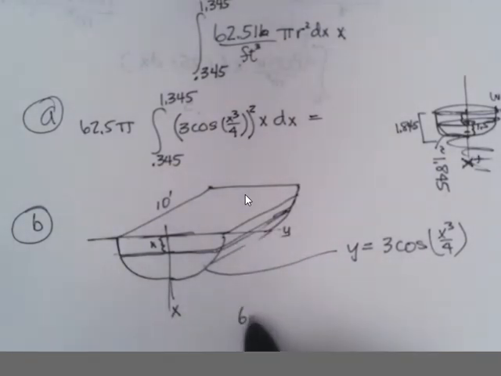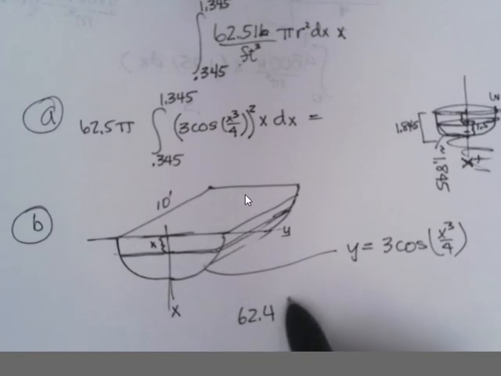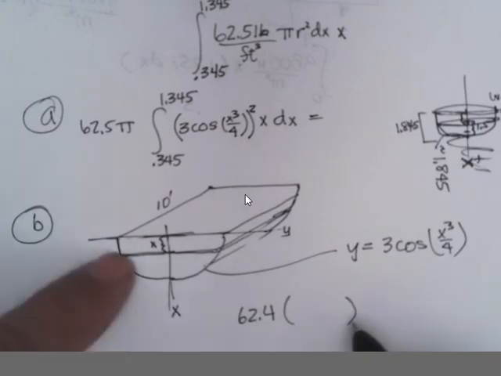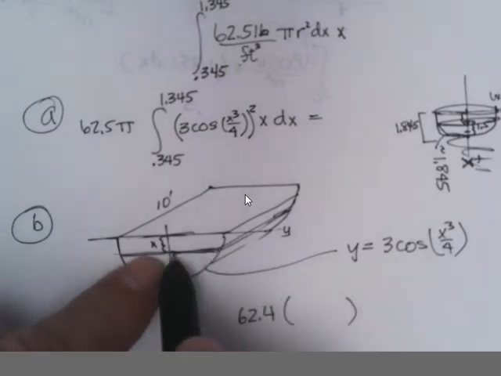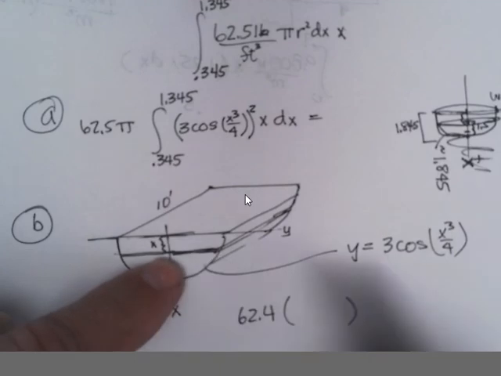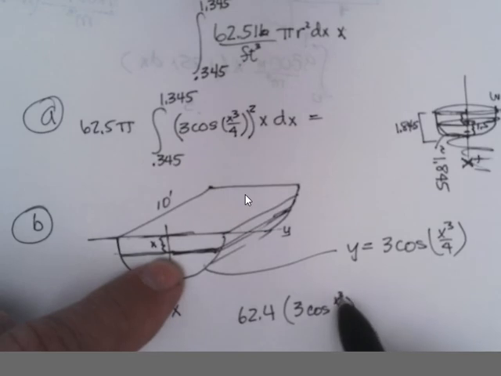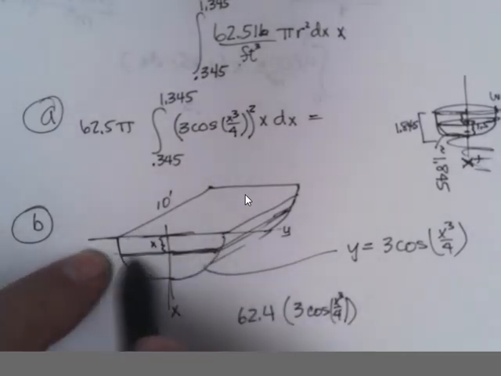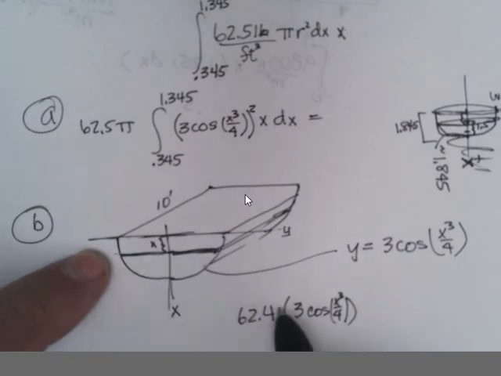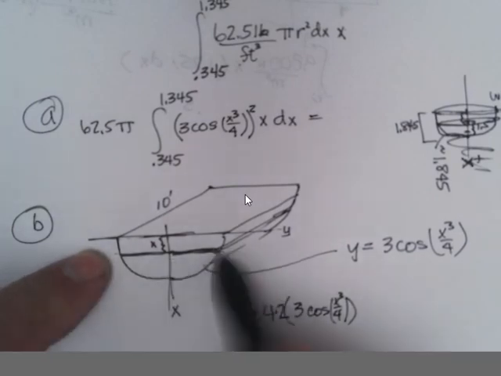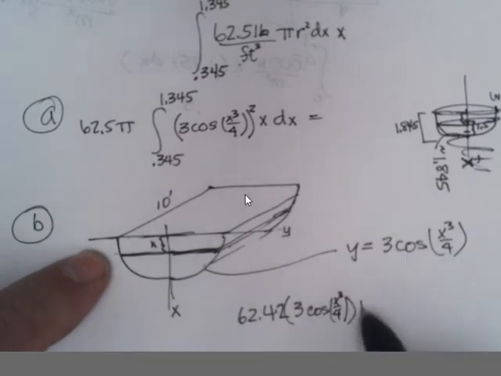62.4 is weight per cubic foot, so we have to take it times the volume, which is going to be, well, this is y, so it's going to be 3 times cosine of x to the third over 4. That's from here to here, but we want the whole width, so times 2. This way is 10.